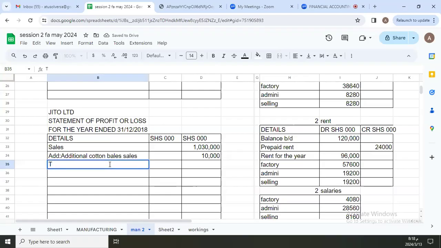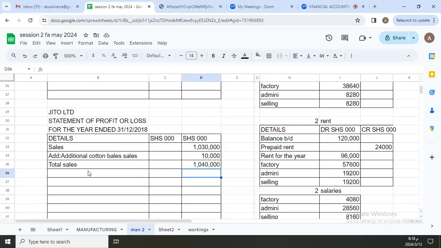So we get total sales of this plus this. Another person could have taken sales, and still go on to add this one under other income, and still we shall get the same answer.